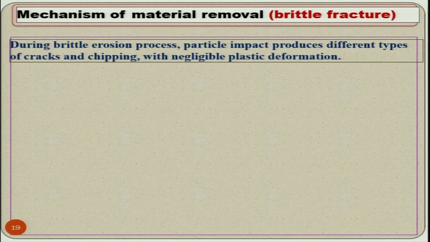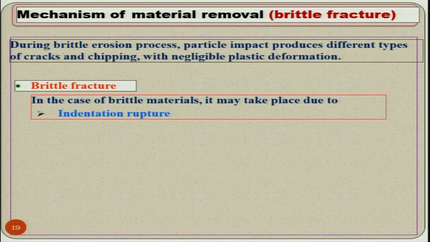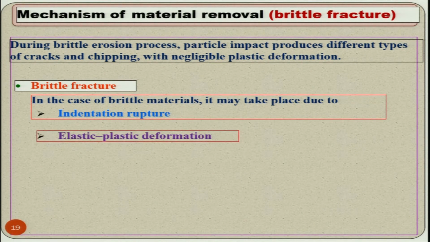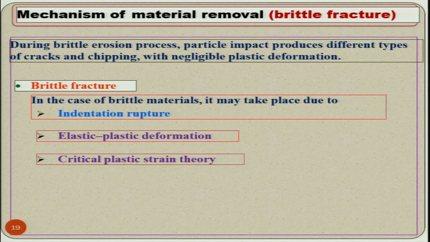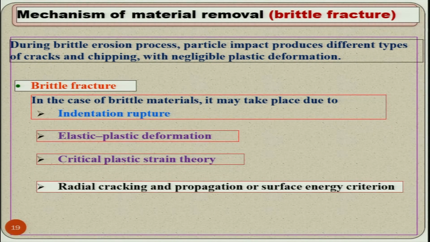The mechanism of material removal for brittle fracture: during the brittle erosion process, particle impact produces different types of cracks and chipping with negligible plastic deformation. In the case of brittle materials, removal may take place due to indentation rupture, elastic plastic deformation, or critical plastic strain.